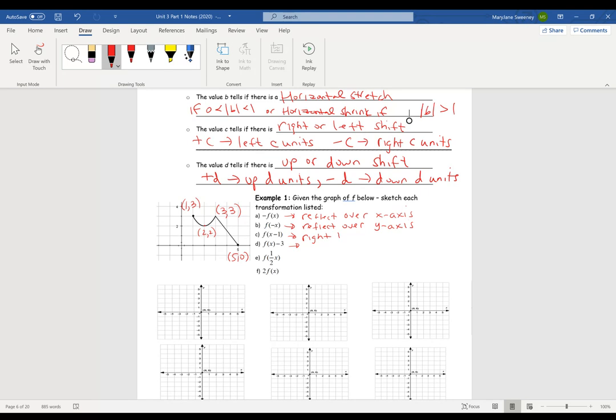It means that c is a positive 1. So because the formula is x minus c or x minus h or whatever, they use different variables. F of x minus 3, that's going to be a down 3. So you're taking the y, you're subtracting 3, so you're going down 3.